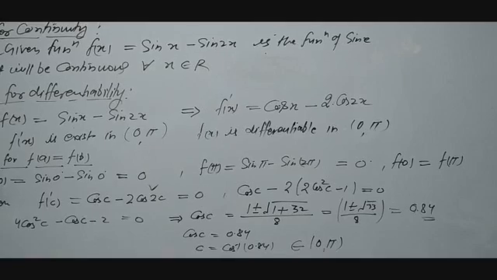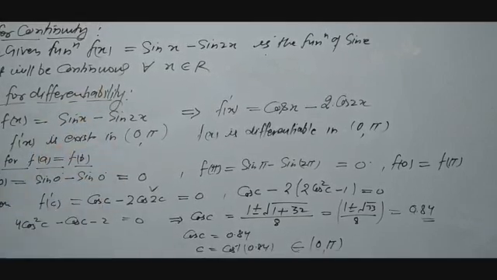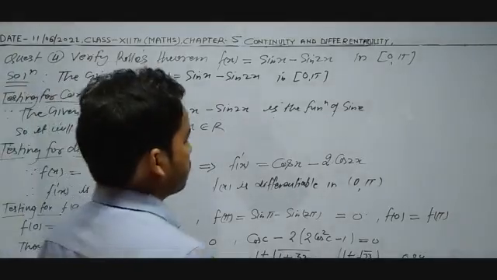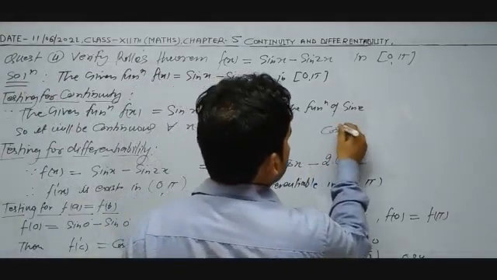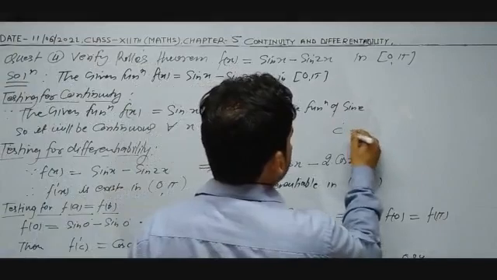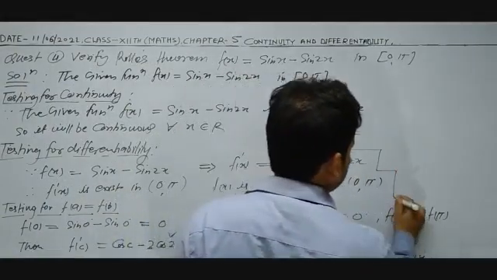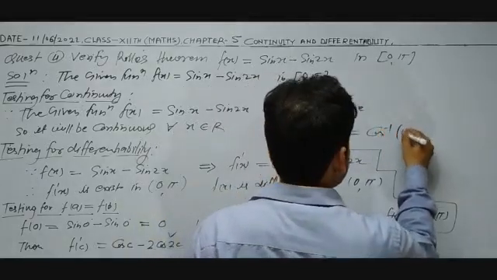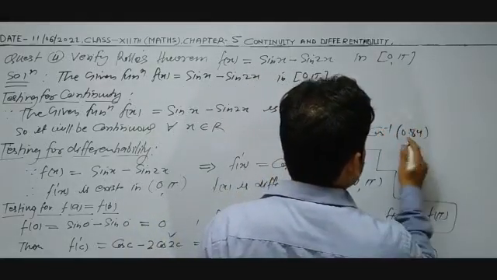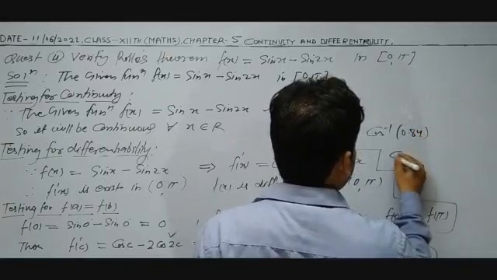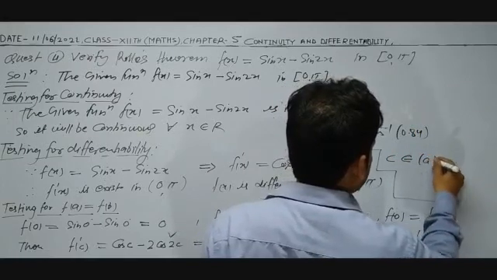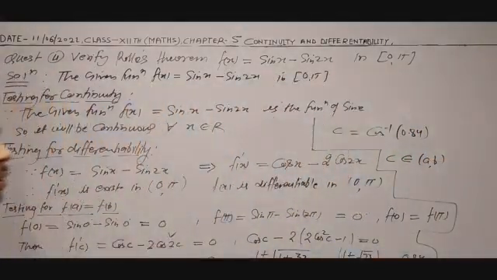Now see, class, I am writing above: c is equal to cos inverse 0.84, that belongs to, so we can write c belongs to (a, b) in the open interval.